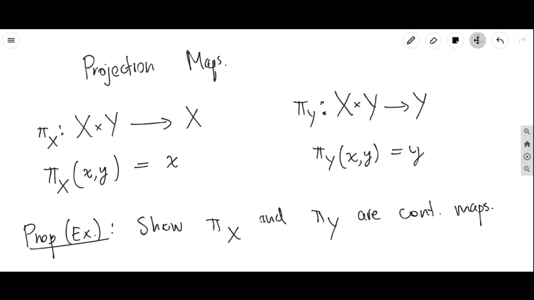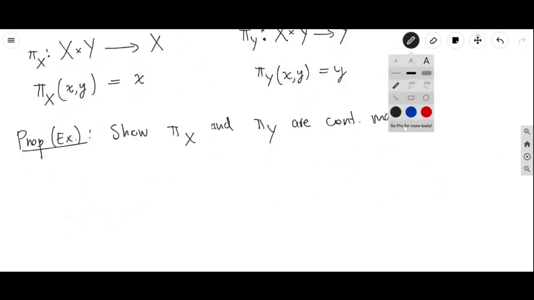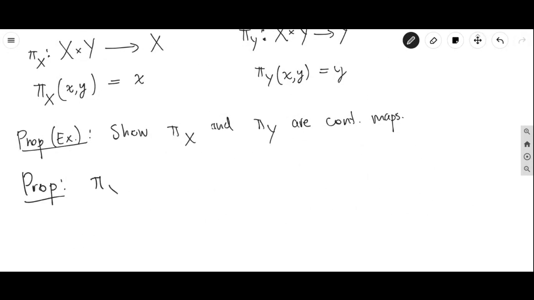The next thing that I should say about this, there's a follow-up proposition: that pi X and pi Y are open maps. So what's an open map?